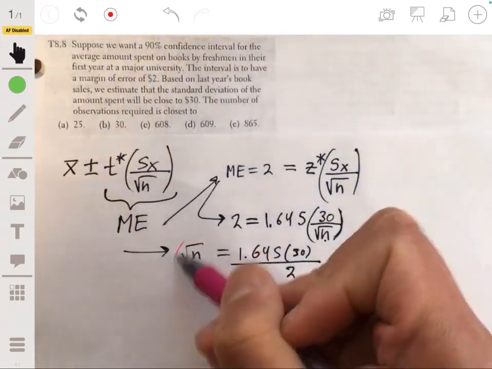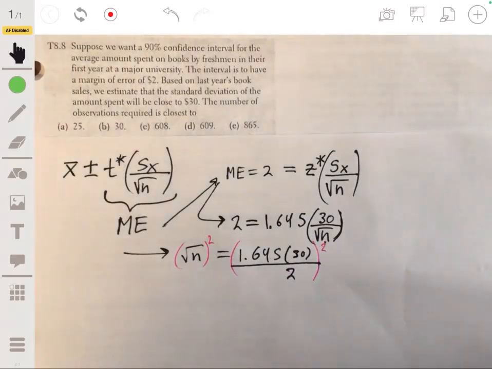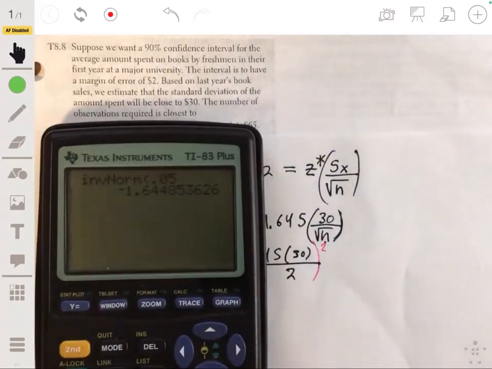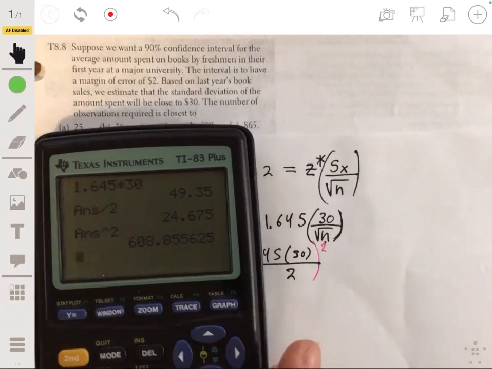Then we just square this answer to get n. Let's leave this up to our calculator: 1.645 times 30 divided by 2, squaring that, and we get about 608.86.